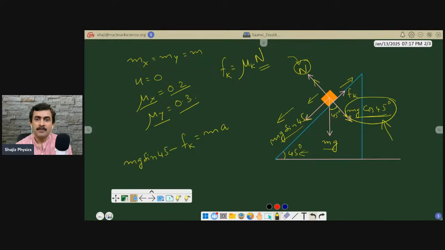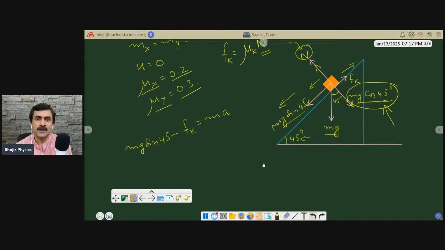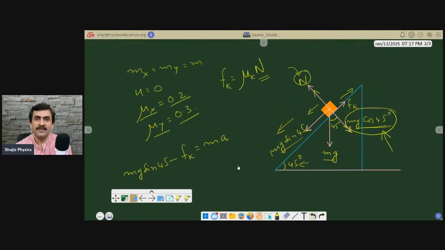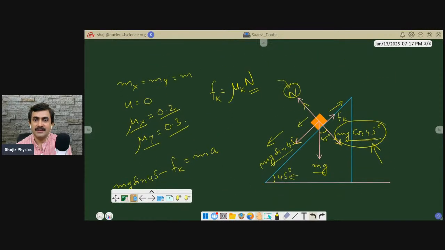So by substituting those values in this equation, another thing we also want to know is the value of sine 45. Yeah, one second. That I also wanted to write here. Sine 45 is equal to cos 45, which is equal to 1 by root 2.